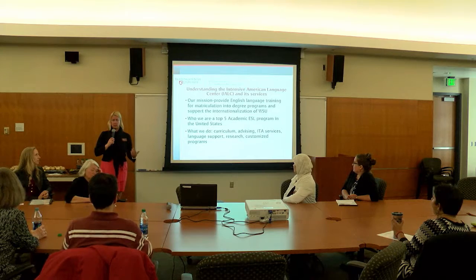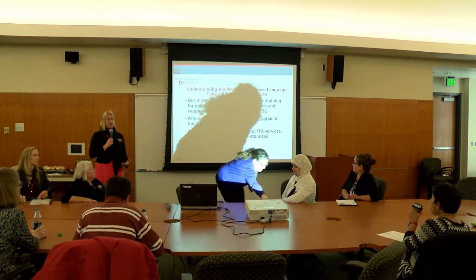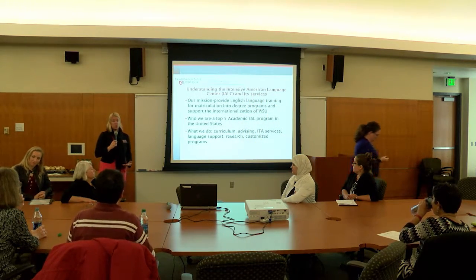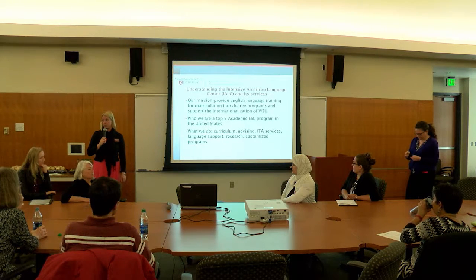Our curriculum is at the lower levels structured to lay a foundation for students to have functional and communicative English. And then in our upper levels, which are 4 through 6, we follow a content-based English for academic purposes model. And so everything that we do in the classroom is really structured to support and help students gain the appropriate language proficiency and prepare to navigate the university environment well.